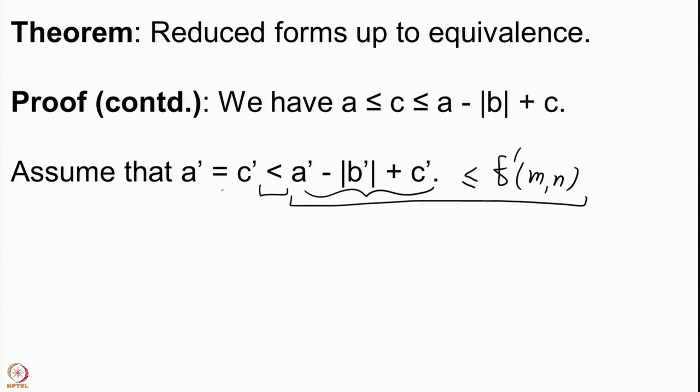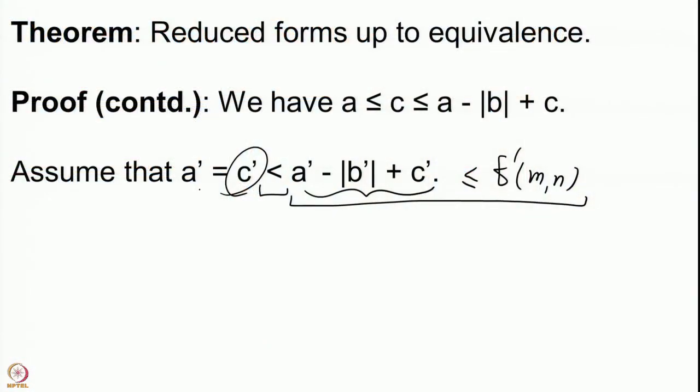So, if we are looking at the value taken to be c prime, it will have to be taken when one of the two places, m is 0 or n is 0, and these are the only possibilities for a prime and c prime.